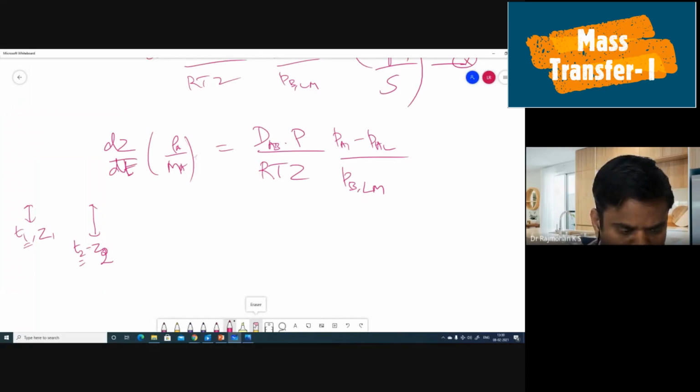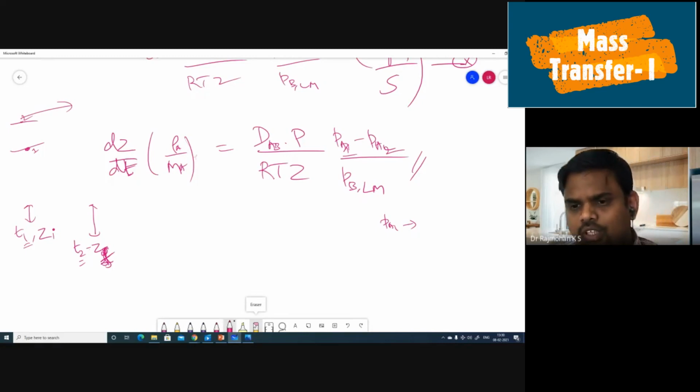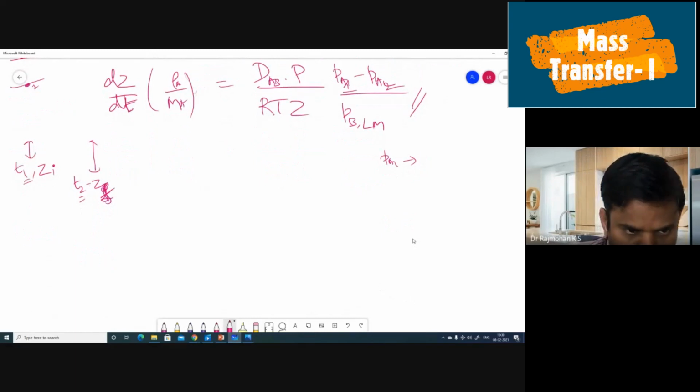Let me say initial and final, because for the derivation, don't confuse it with 1 and 2 here. In this equation, 1 refers to one level and P_A2 is at another level, where it is actually 0, right? P_A2 is 0 because whatever the concentration at the other end, it is carried away. Let it be there till we derive this expression. What we are writing here is time t.